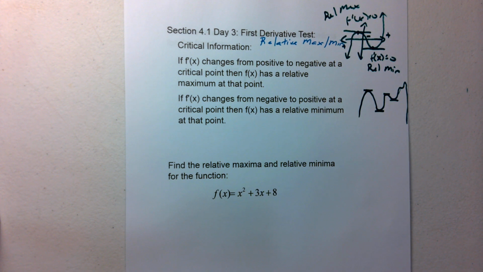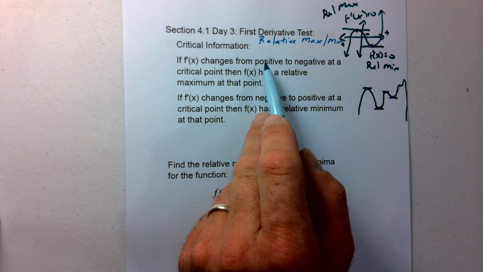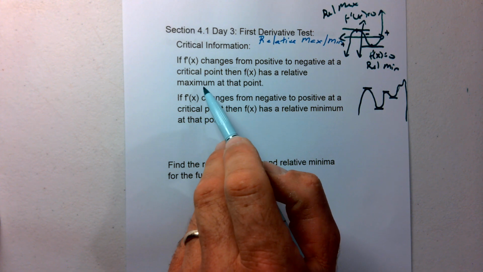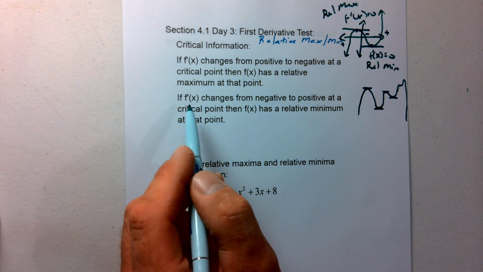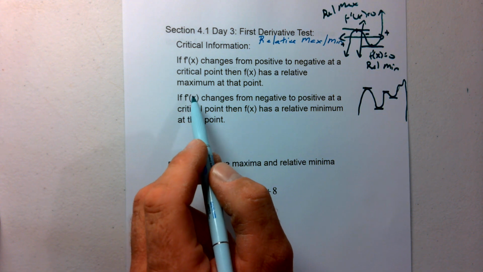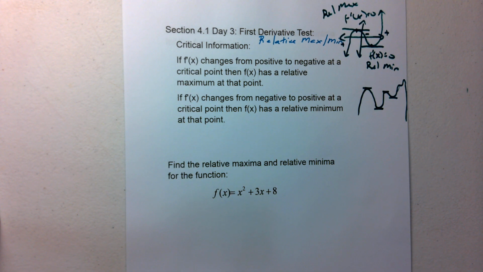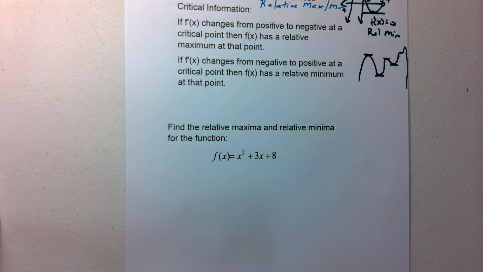So our critical information today is that if f prime of x changes from positive to negative at a critical point, then f of x is going to be a relative maximum at that point. Similarly, if f prime of x changes from negative to positive, then we have a relative minimum at that point.